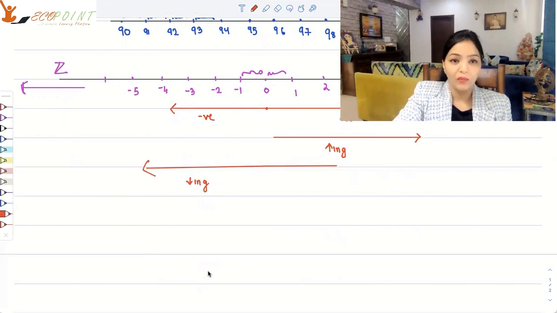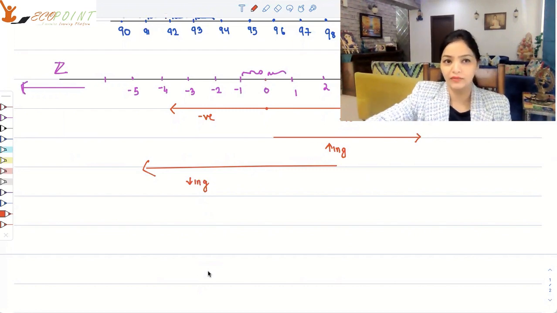Now, we have spoken about integers as well. What about rationals? I know that whole numbers, natural numbers, and integers are all rationals. But what about fractions?